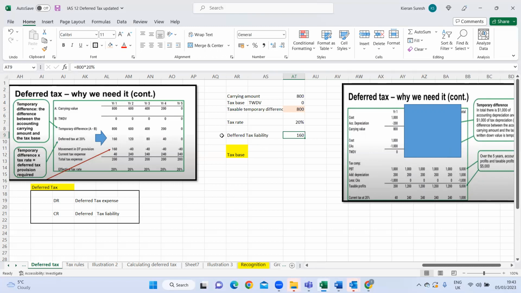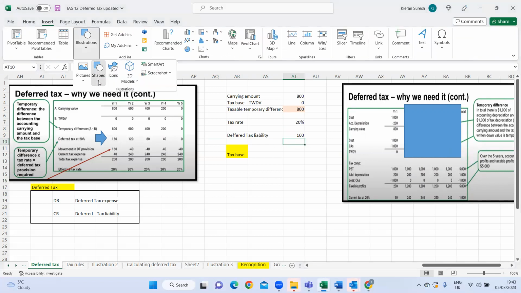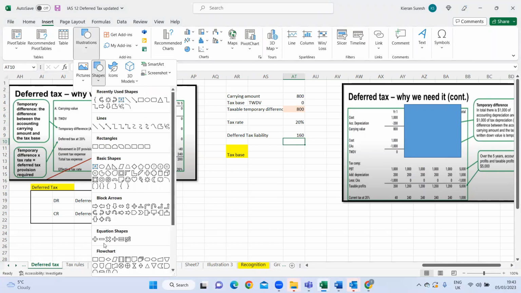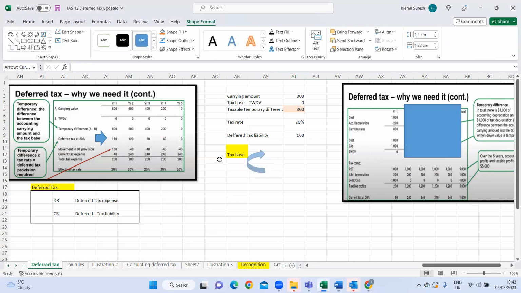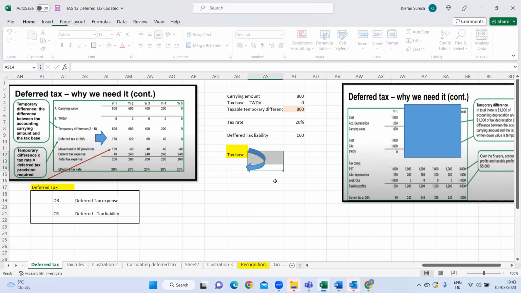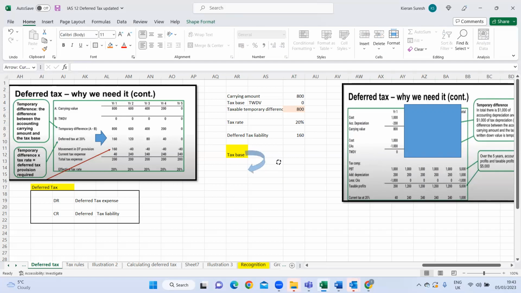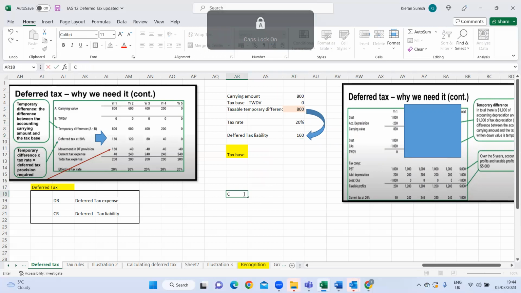So actually, this is not the full amount that would go to the profit and loss account, right? When you're going to compute this deferred tax liability, this deferred tax liability is actually the carried forward balance, right?